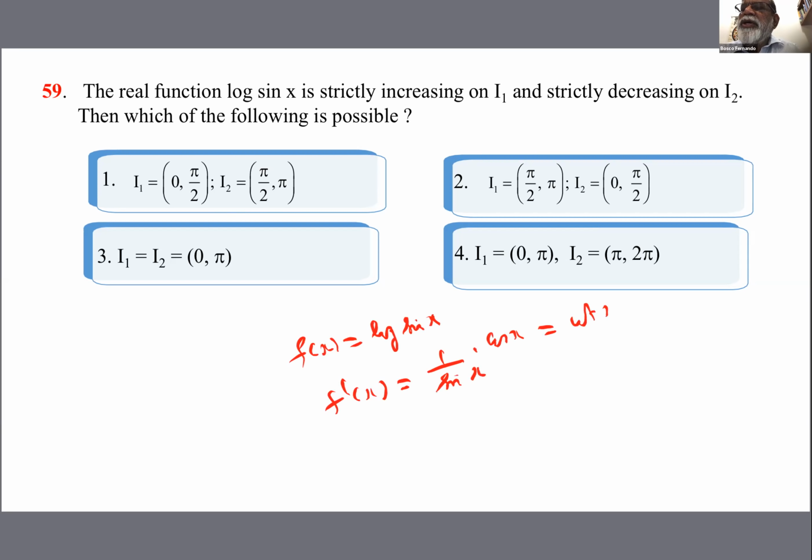So it is equal to cot x. It is positive in the first quadrant and the third quadrant, negative in the second quadrant and the fourth quadrant. So find out. First quadrant, I1 is increasing, correct. I2, second quadrant, it is decreasing, correct. So option number 1 is the correct one.